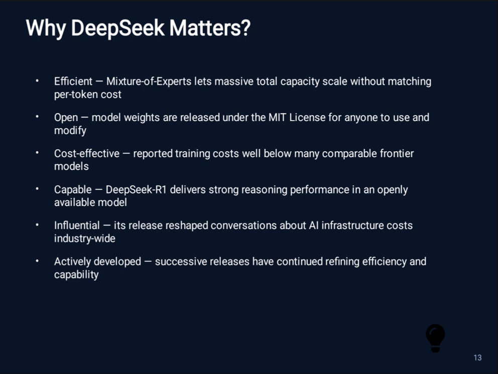Capable: DeepSeek R1 delivers strong reasoning performance in an openly available model. Influential: its release reshaped the conversations about AI infrastructure costs industry-wide. Actively developed: successive releases have continued refining efficiency and capability.